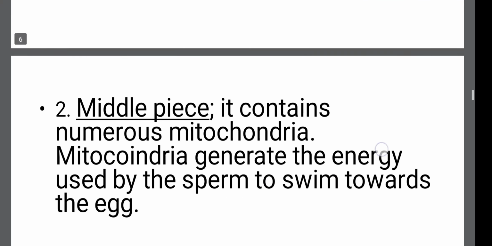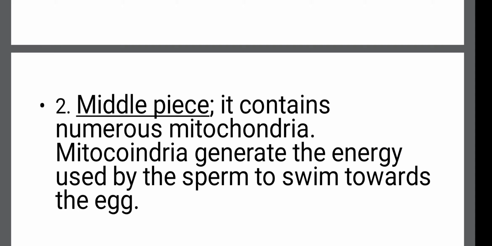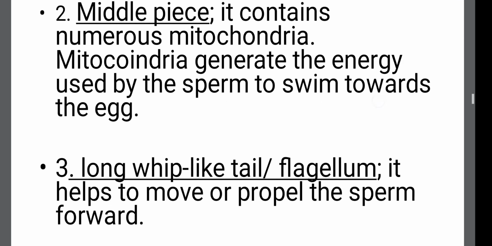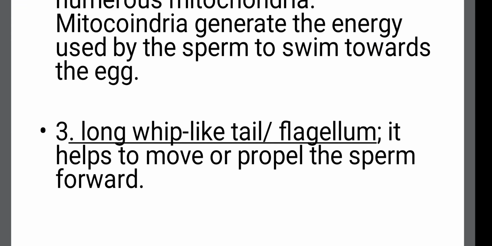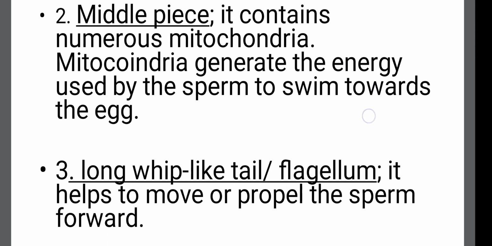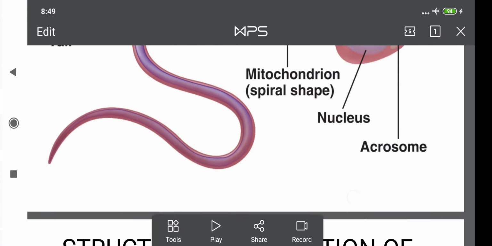The second one is the middle piece. It contains numerous mitochondria. The spelling here has a typographical error; it should be mitochondria. The mitochondria generate the energy used by the sperm to swim towards the egg. They are located at the middle piece here.